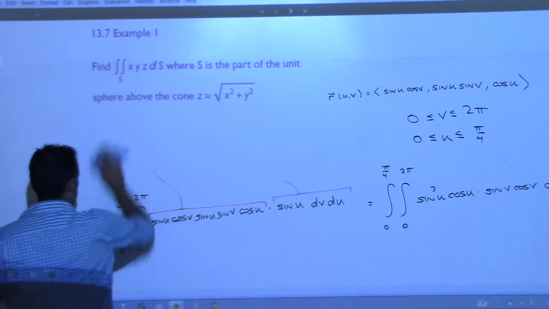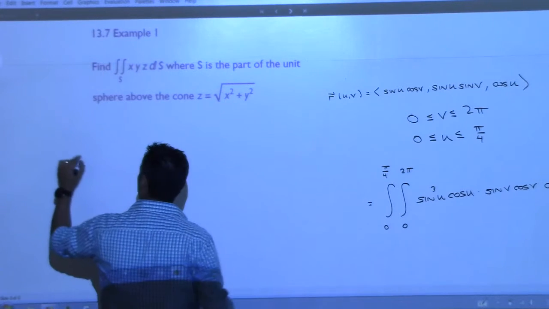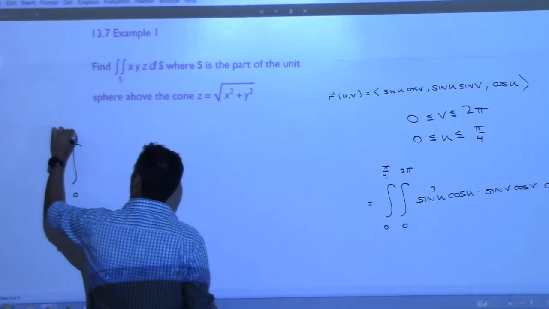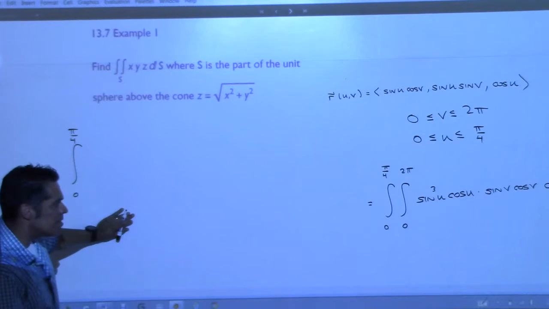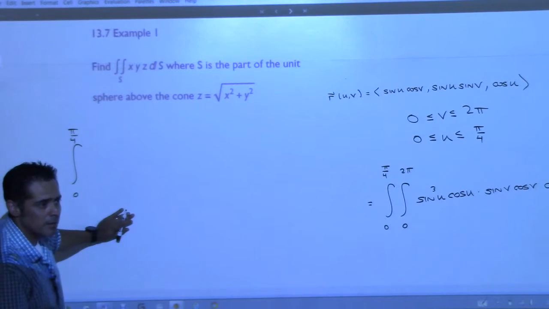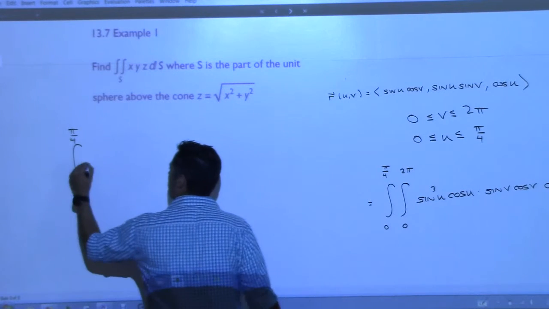You can set up two integrals. The first one will go from 0 to pi over 4. And this will just have the what stuff in it? The u stuff. I'm separating my u's from my v's.